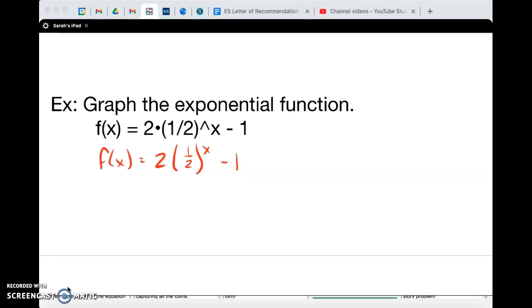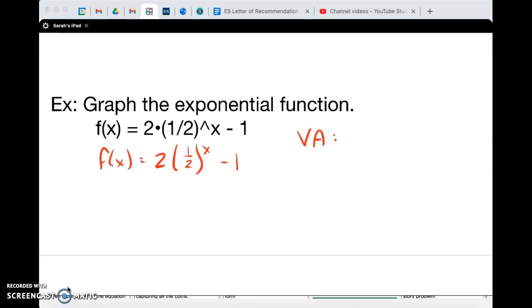Okay, so the first thing I would do is figure out what the vertical asymptote is. That's if it's irrational.